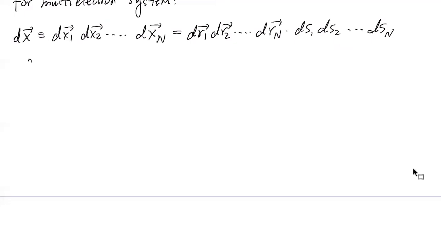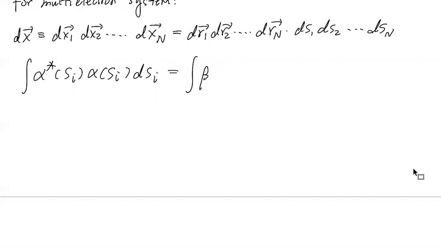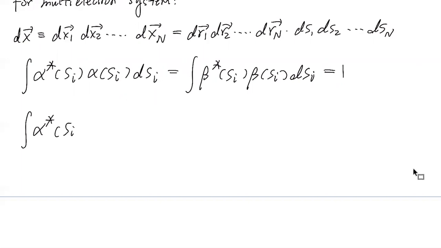And of course, again, alpha star s_i, alpha s_i, ds_i, for the ith electron, is equal to beta star s_i, beta s_i, ds_i, which is equal to 1. And alpha star s_i, beta s_i, ds_i is equal to 0.